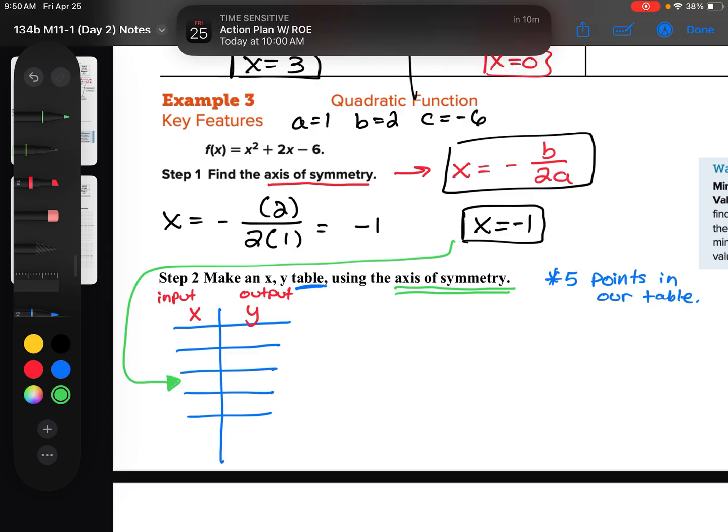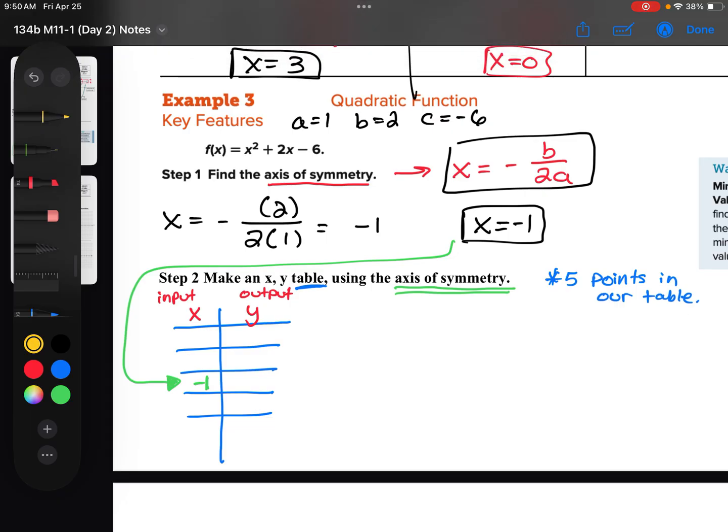So whatever you get for your axis of symmetry is where you're going to start your table in the middle. To fill in the table from there, you just count upwards and downwards. So negative 1 counting up is going to go to 0 and then 1. If you count down, it's negative 2, negative 3, okay?